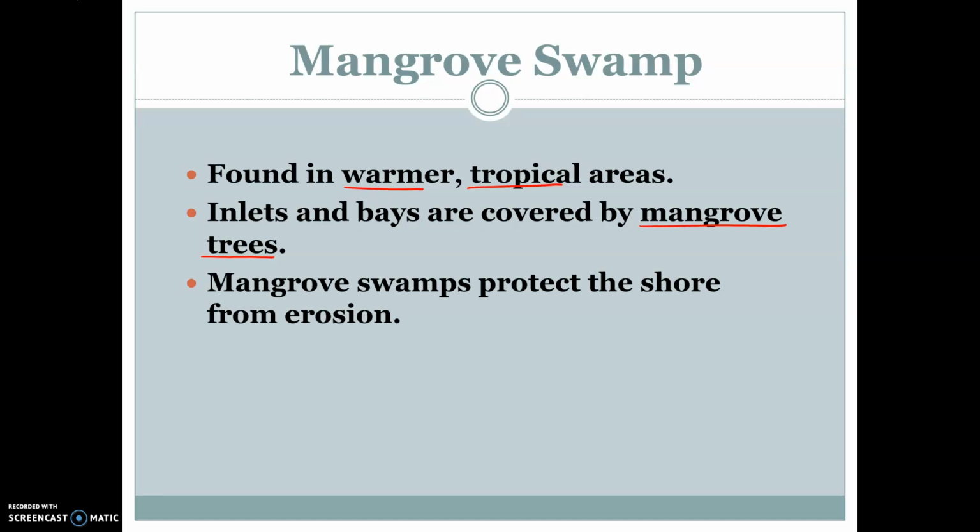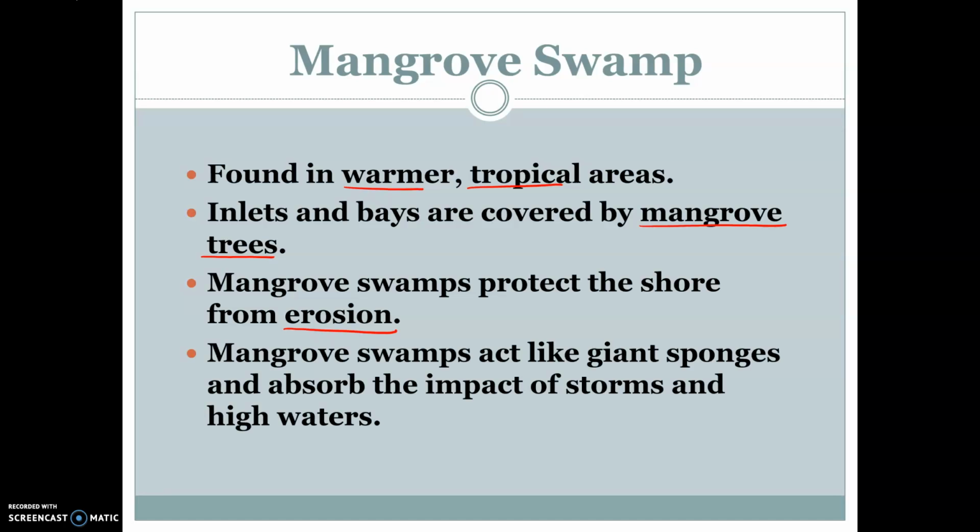These mangrove trees really help protect our shoreline from erosion. When we think of erosion, it's when water and other forces are breaking down the soil and the things around that shoreline. So protecting these shores from erosion is going to be really important in the development over here.